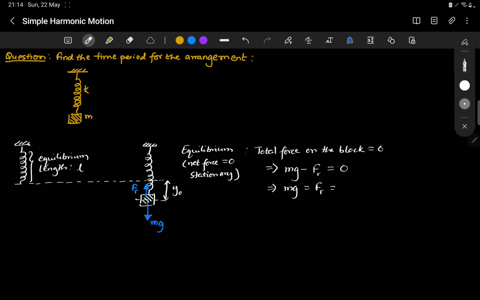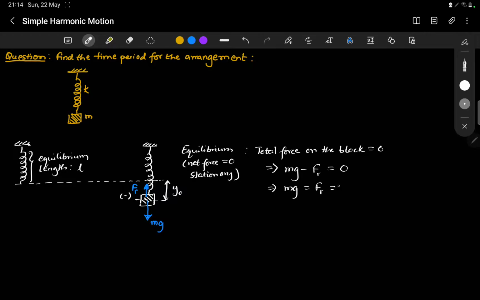So the restoring force, but notice that we have drawn these vectors in their proper directions. So mg is acting downwards, restoring force is acting upwards. So restoring force is acting upwards, that takes care of the negative sign in the Hooke's law.